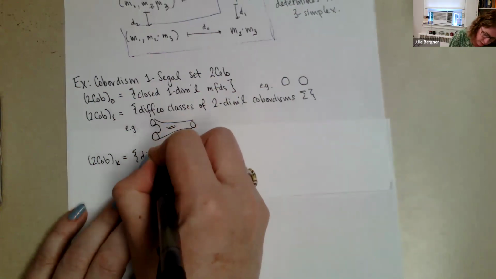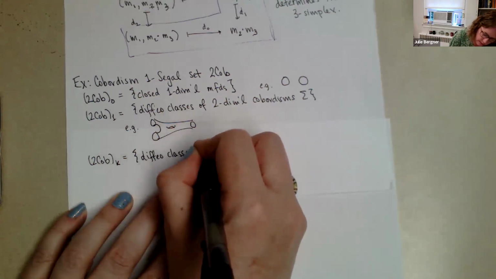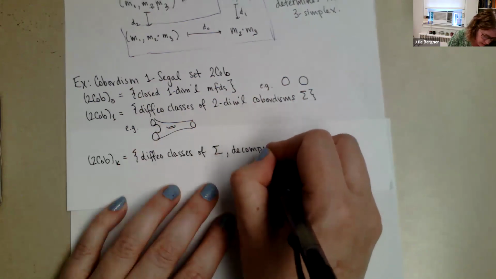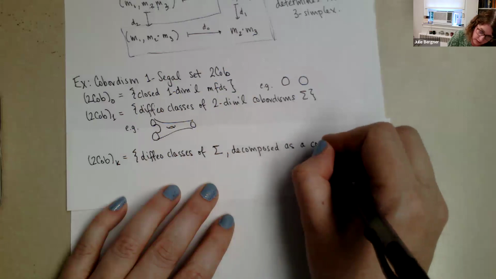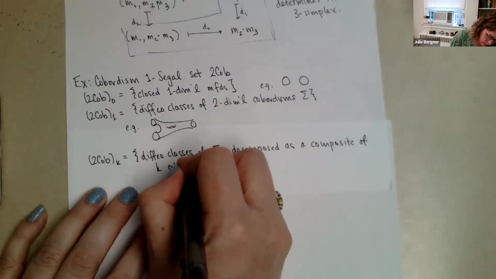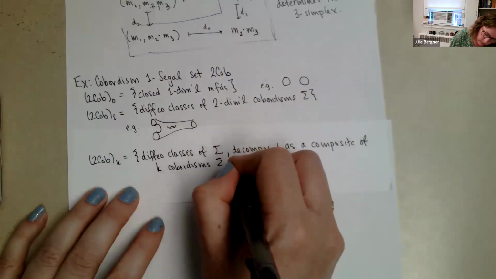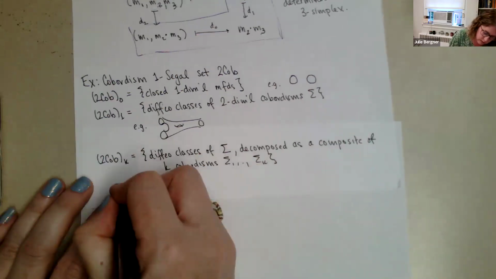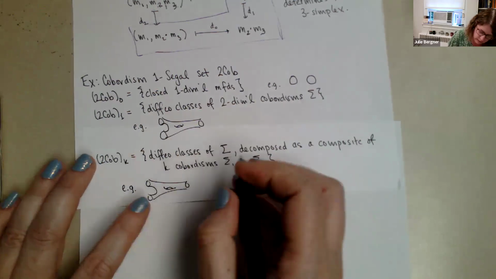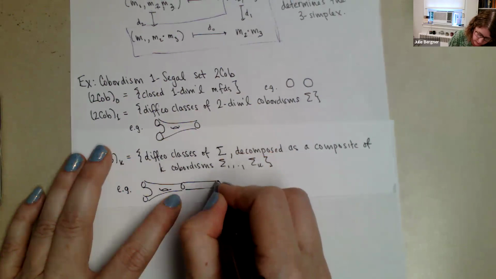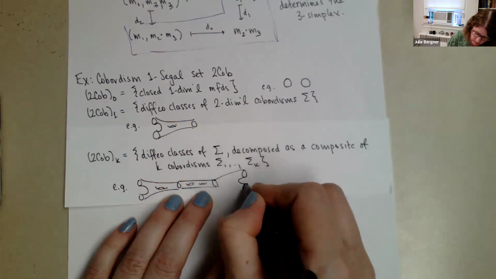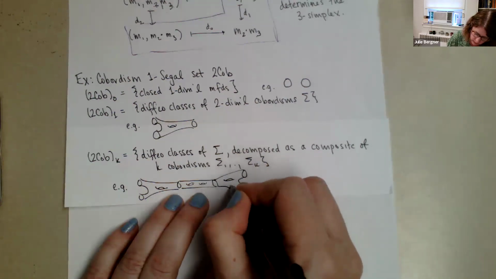Again, these are diffeomorphism classes of two-dimensional cobordisms Sigma decomposed as a composite of K cobordisms, Sigma 1 up to Sigma K. So for example, I might have a pair of pants composed with some other cobordism and then some other cobordism here.